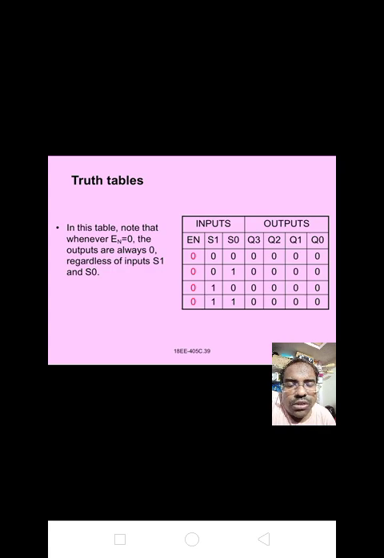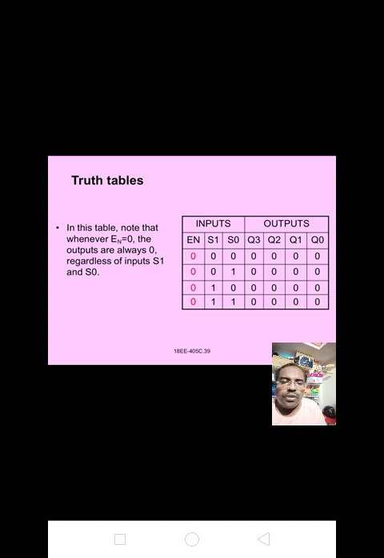Enable is 0, and S1, S0 is any value, but here enable is 0 means the total outputs are zeros. If the enable is 0 and the input is 0 0, the output is 0 0 0 0. If the enable is 0 and input is 0 1, it is 0 0 0 0. If the enable is 0 and input is 1 0, it is 0 0 0 0.